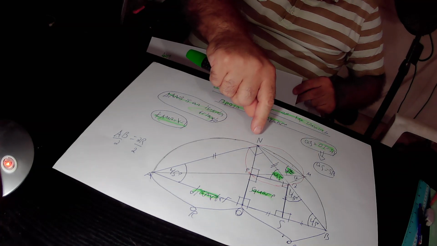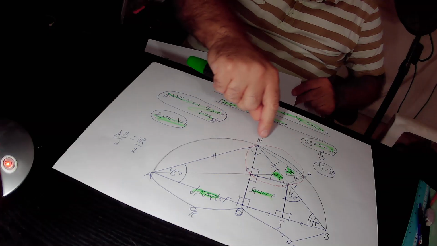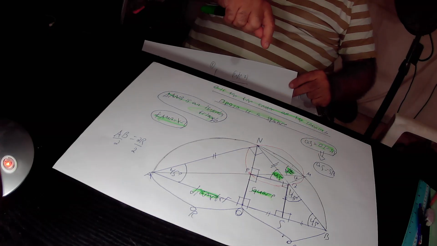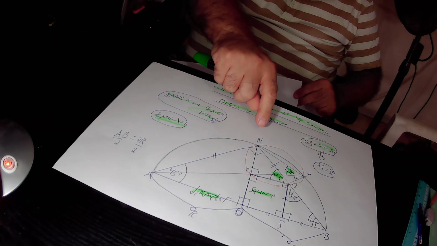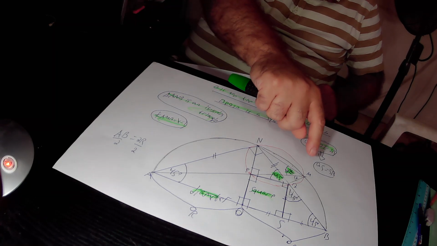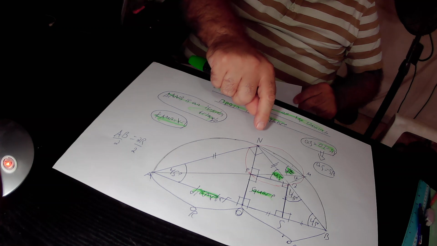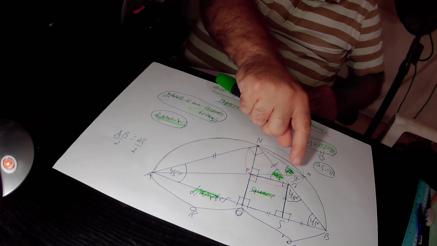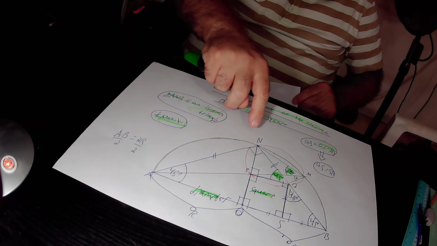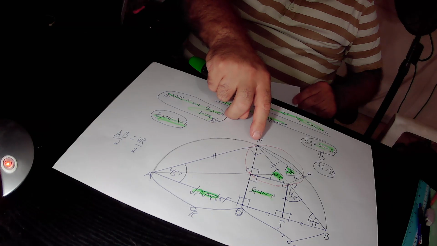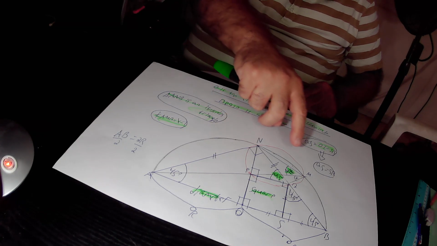So I block this quadrangle NMQP by this red circle. The meaning of blocking a quadrangle by a circle is that all four vertices of quadrangle NMQP, that is to say, the vertex N, the vertex M, the vertex Q and the vertex P, will be on the red circle.